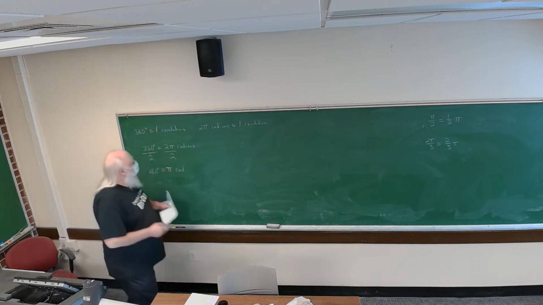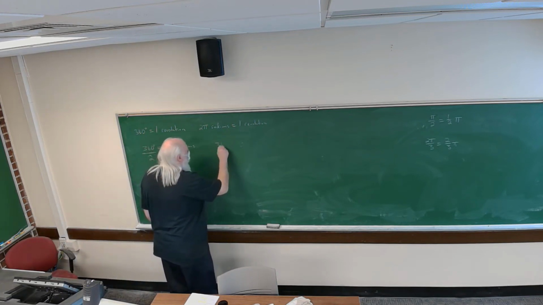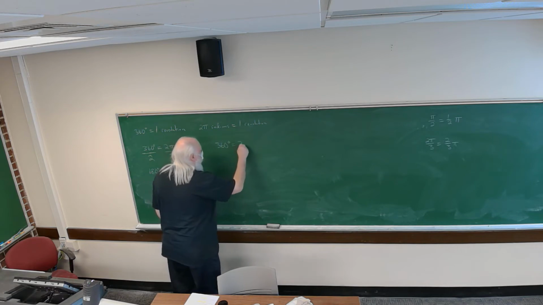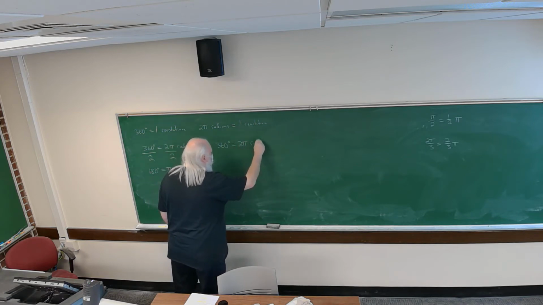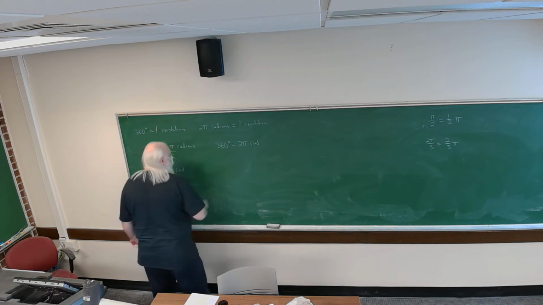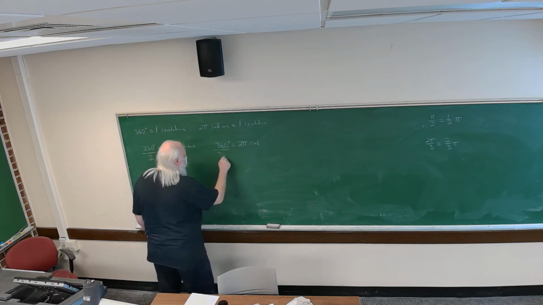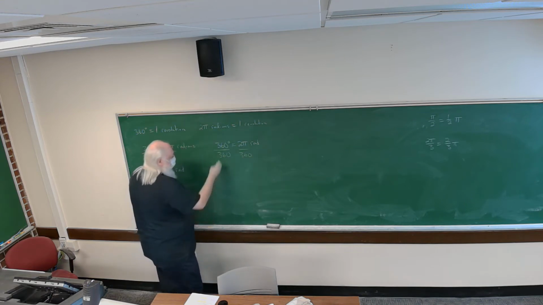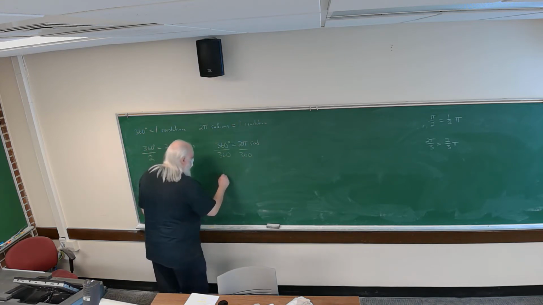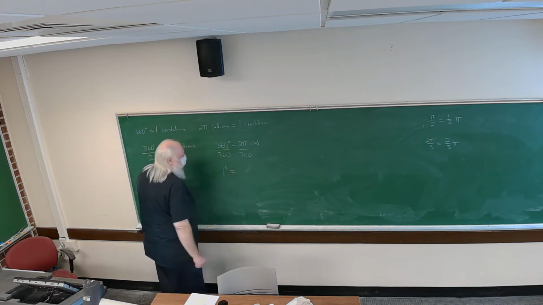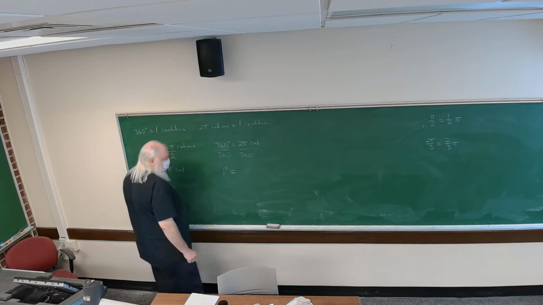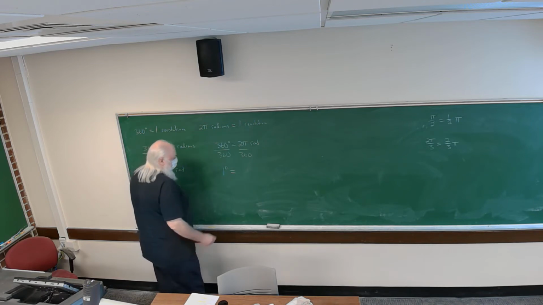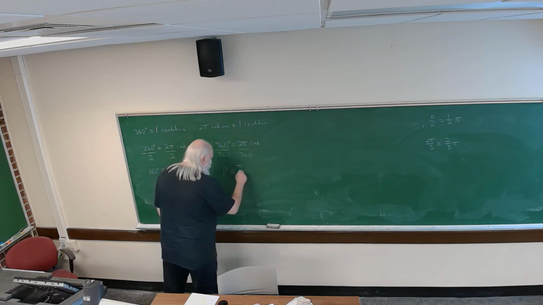If we take our original equation, 360 degrees is equal to 2 pi radians, and divide both sides by 360, 360 divided by 360 is 1, so we get 1 degree on the left, and on the right we divide both the numerator and denominator by 2, and you get pi over 180 on the right.